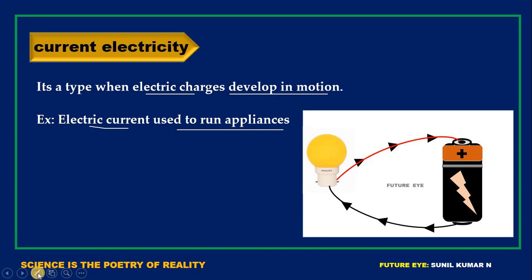As soon as I connect the battery to the bulb, it glows because here electric charges develop in motion. Electric charges are in motion due to the chemicals present in the battery. So the battery is doing some work because electric current is flowing, hence the bulb glows. This is about current electricity.